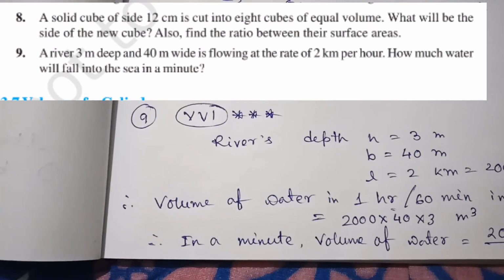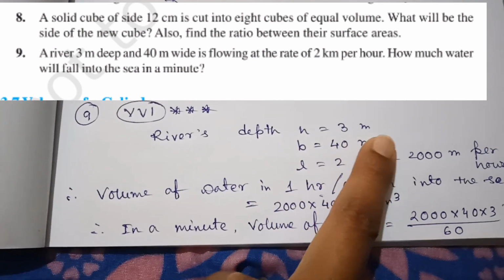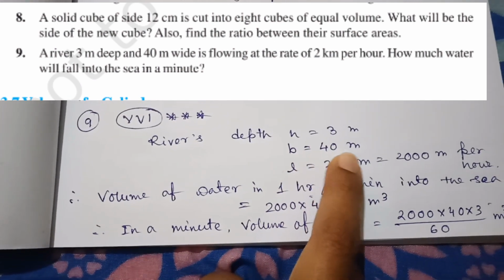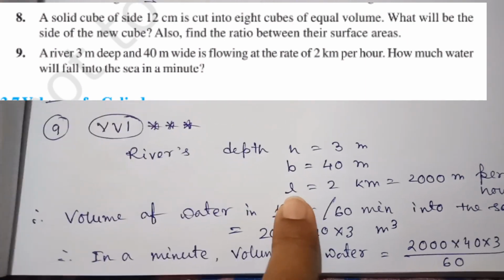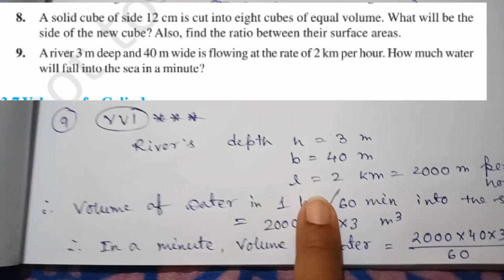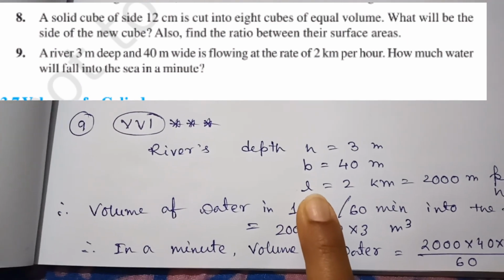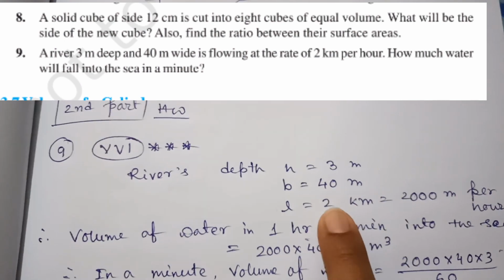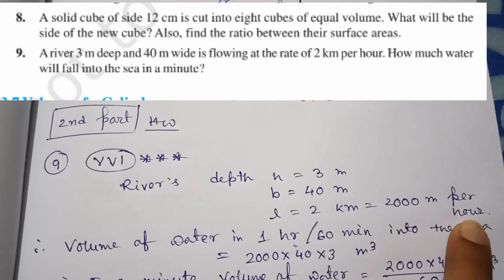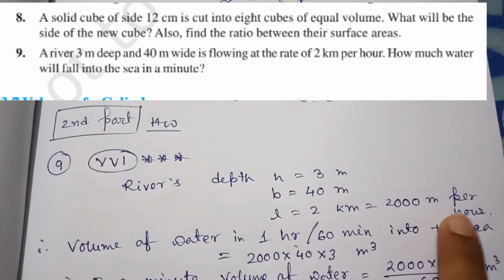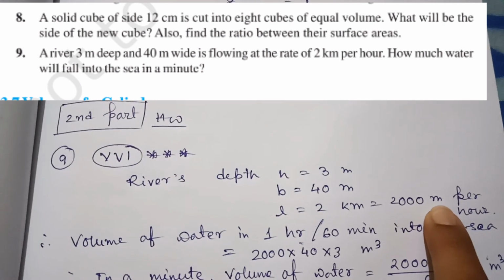The question tells that there is a river and the river's depth is 3 meter, width is 40 meter, and the length has not been given directly, but it has been given that water flows at a rate of 2 kilometer per hour. That means the length per hour is 2 kilometer, that is 2000 meters.